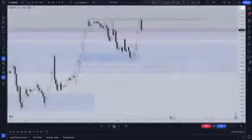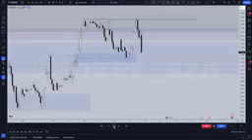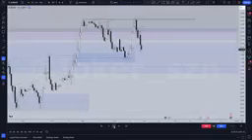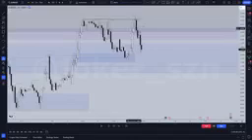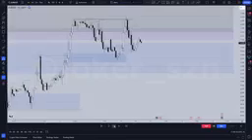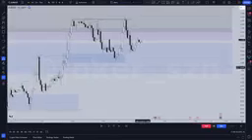We'll go back to the H1, and as you can see, we are retracing basically this entire move here after we have been taking out the buy side here, right? We are about to close the Monday candle here, right?